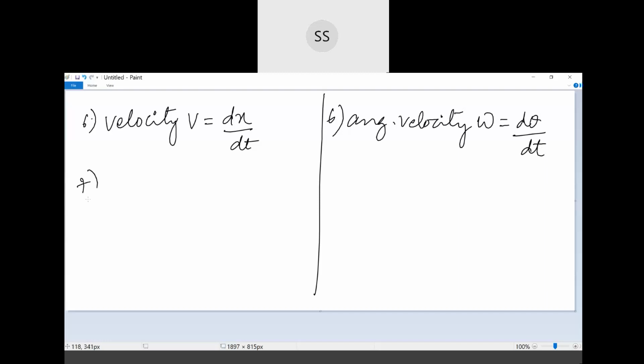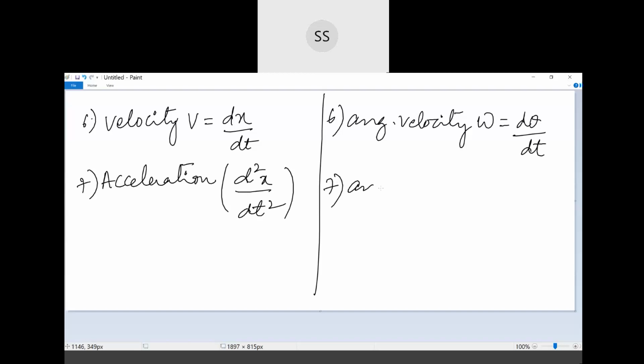And next we have acceleration, d square x by dt square in translational systems, whereas in rotational we have angular acceleration, that is alpha, d square theta by dt square. Acceleration is a in translation; here we are representing it by alpha, that's all.